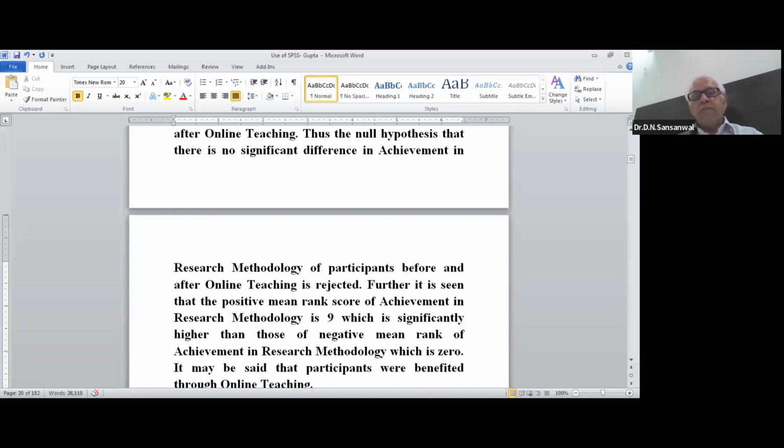Because you have more positives, whatever the teaching done through online, the people have benefited because your positives are more and negatives are not there. So on the whole, the group has benefited from the online teaching.